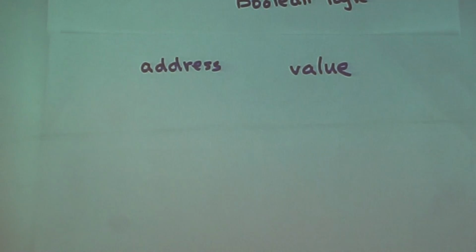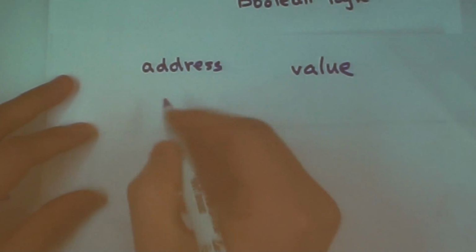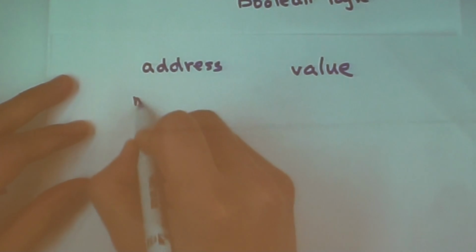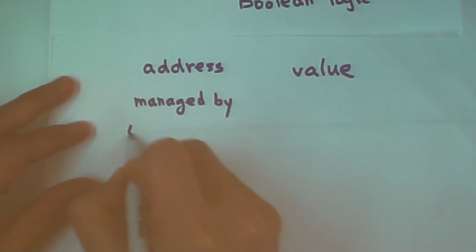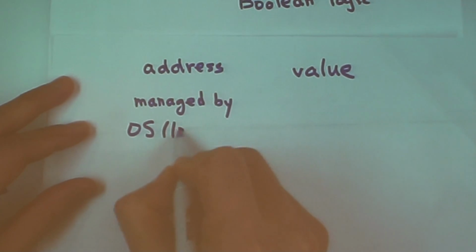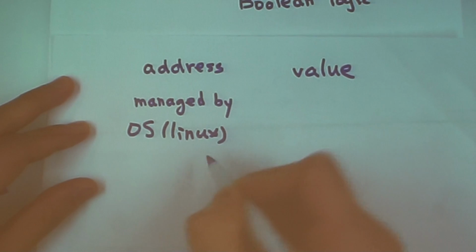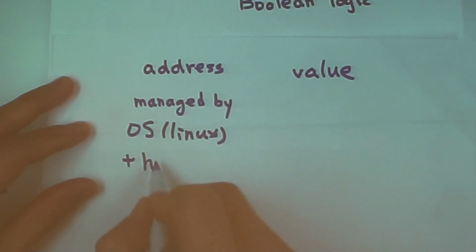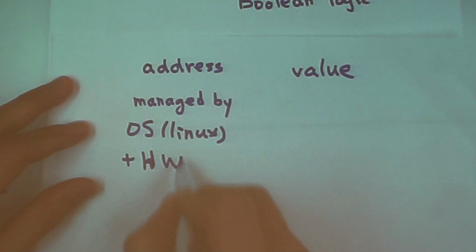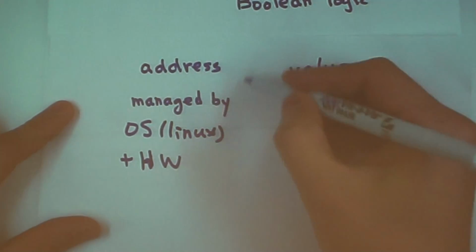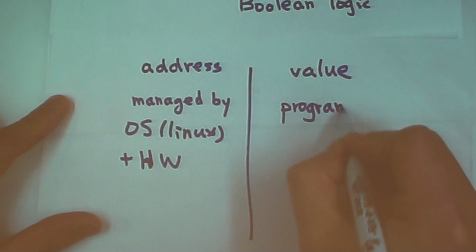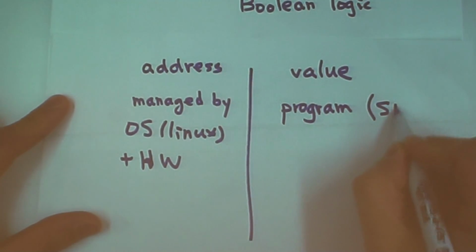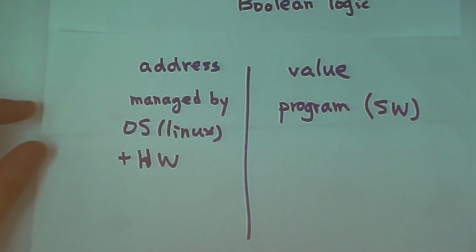Address is determined by hardware and by operating system. It's managed by operating system such as Linux, Windows, and so on, plus hardware. We sometimes write HW, which means hardware. And variable is managed by your computer program or software. Sometimes you see people write SW, which means software.